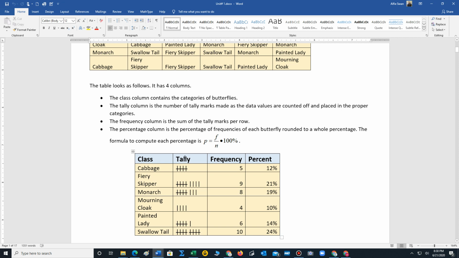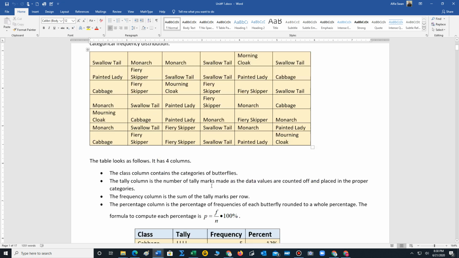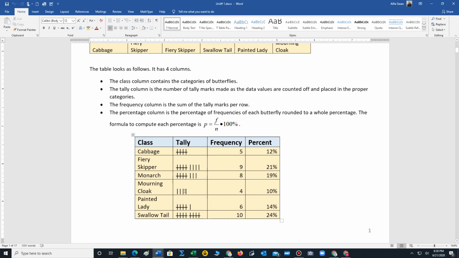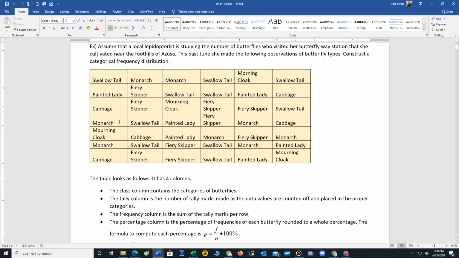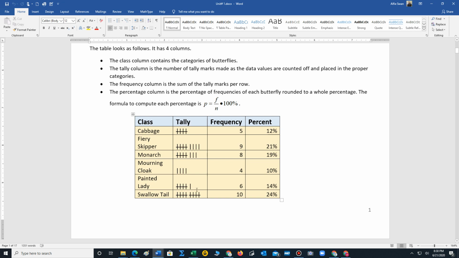In the next column, we tally the data. That means as we check off each data value, we place a mark. So for swallowtail, you would put a mark for swallowtail. Painted lady, place a mark for painted lady, and so on, until you tally up all the data values.